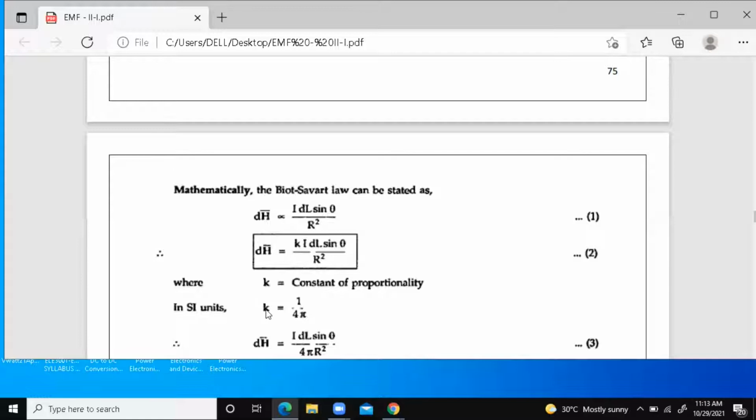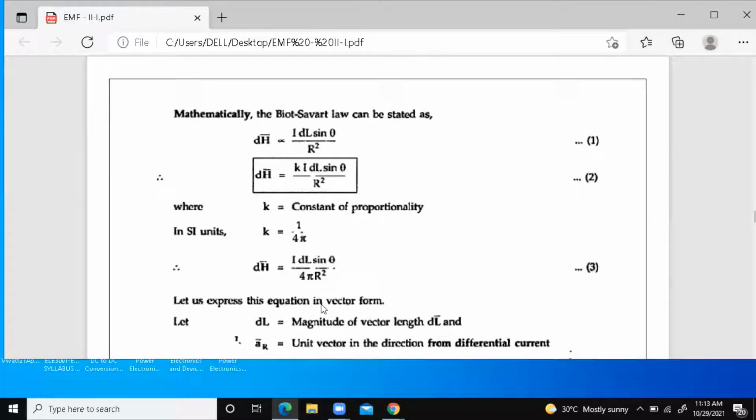Now, K, determined experimentally, is 1 over 4 pi. So dH equals I dL sine theta upon 4 pi R squared.